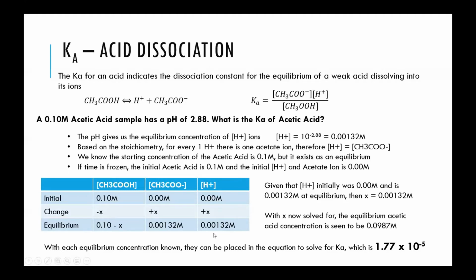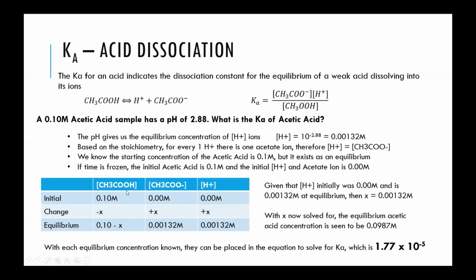In this example, it's 0.00132 molar. When you start with 0 and you end with this value, that means the X value in this whole ICE table setup is 0.00132. So for the acetate ion, it's 0 plus X, 0.00132. So they're the same.